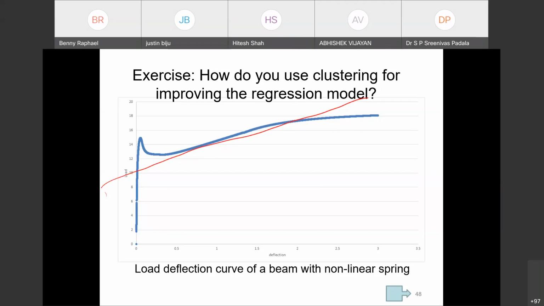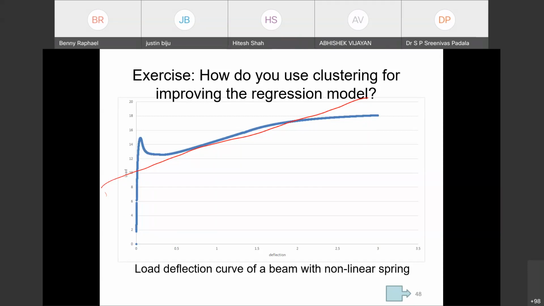But now suppose we cluster all the data points using certain parameters. These parameters have to be defined by you. What are the most important parameters in this clustering? So let us say I identify the slope as an important parameter. You see that in the beginning, you have a constant slope.